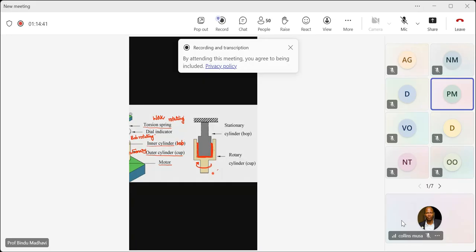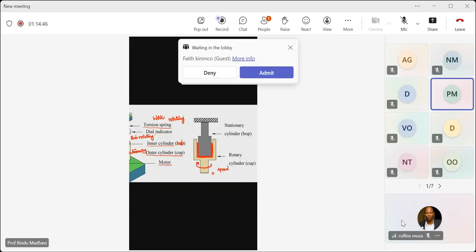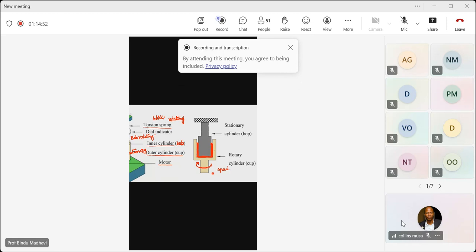Now the bob is allowed to rotate, or the cup is allowed to rotate. Now you can see the red color which is filled between the gap, and the speed with which the rotations are going to happen is dependent on viscosity.